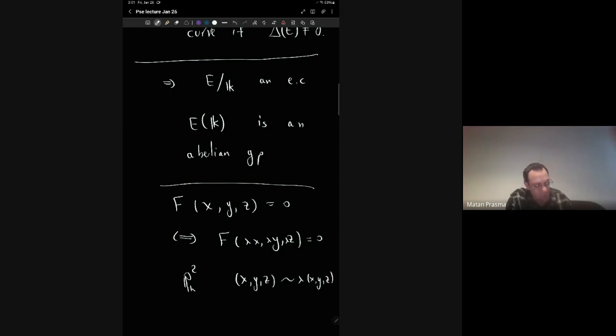So to be able to make sense of talking about zeros of polynomials, I must have a homogeneous polynomial. Is this clear?